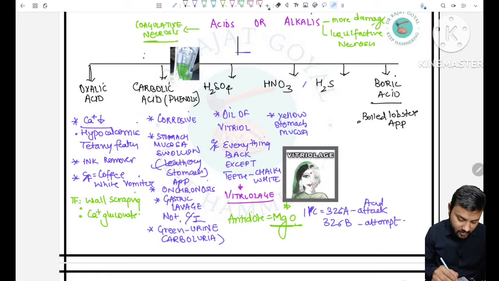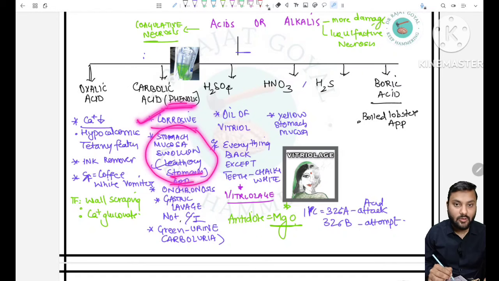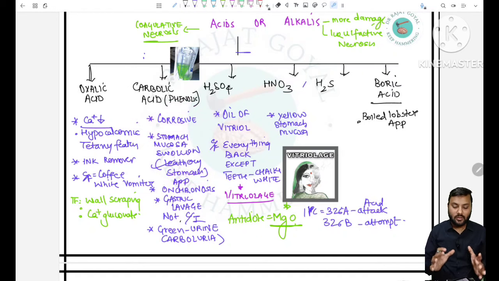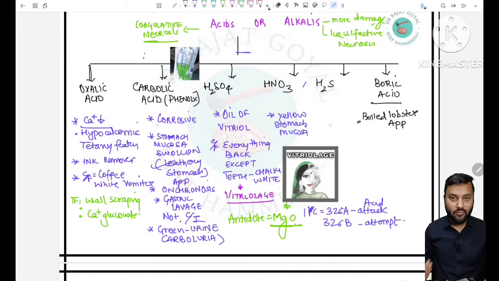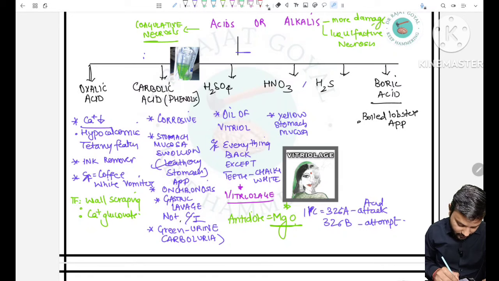Carbolic acid is also called phenolic acid. It is a corrosive acid, and it will lead to a leathery stomach appearance, because the rugae present in the stomach will be inflamed in the case of carbolic acid. It will also lead to ochronosis, and gastric lavage is not contraindicated.